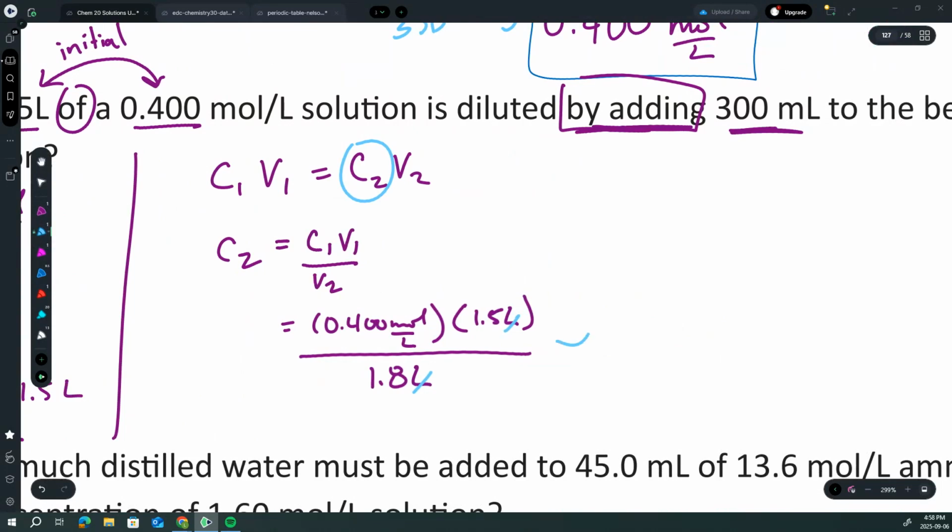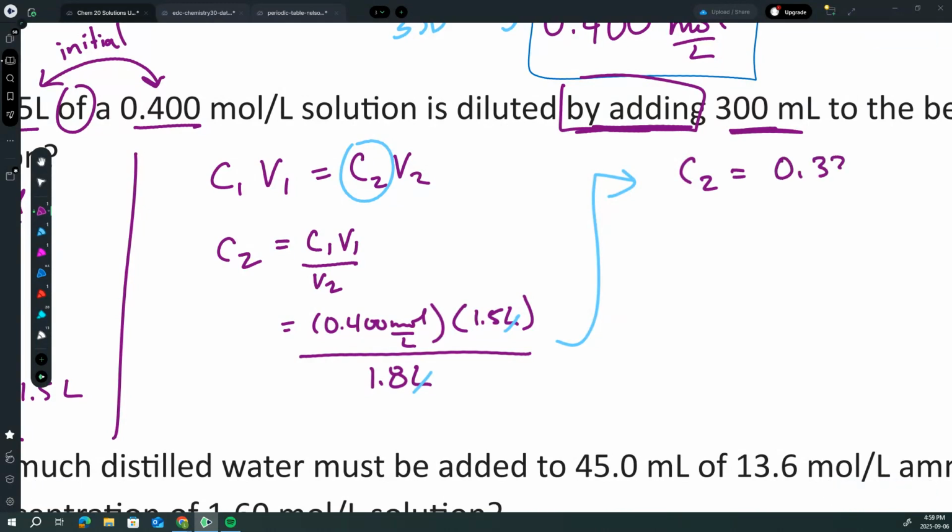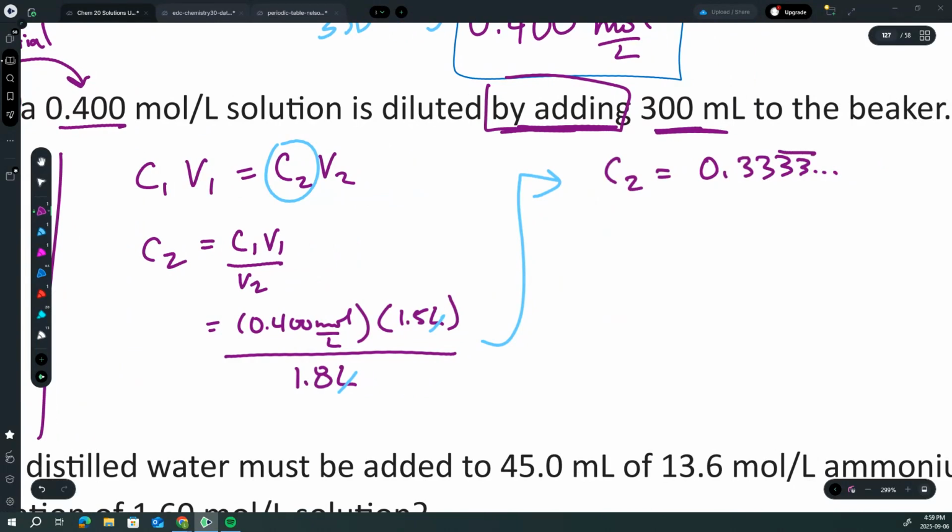If we take 0.4 times 1.5 and then divide that by 1.8, we're going to get 0.3 repeating. So the line over top just means the 3's just keep on repeating.